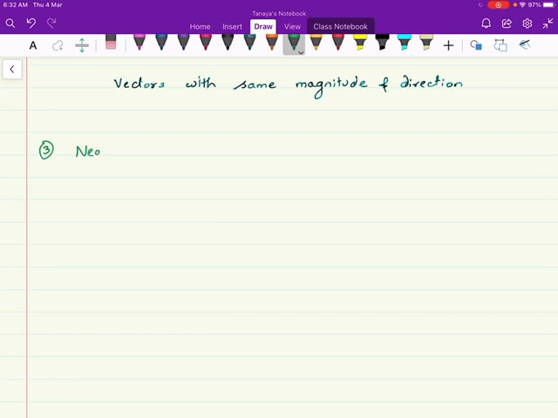Negative vector. Now what is a negative vector? Again, suppose I have this one vector PQ which is pointing in this direction and magnitude of PQ bar is equal to 4 centimeter, right?